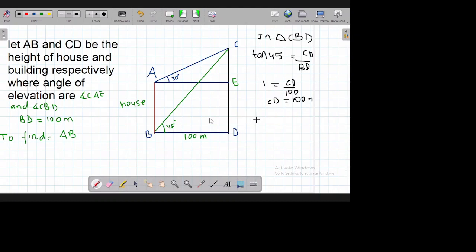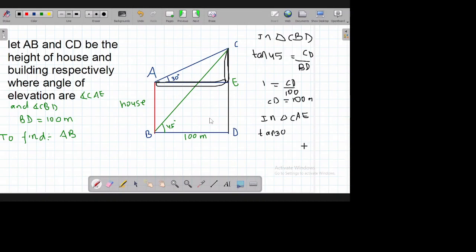Now go to the triangle which contains 30 degree, that is triangle CAE. In triangle CAE, if you take the tan ratio, this will be the perpendicular and this will be the base.